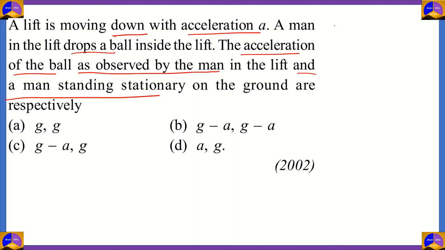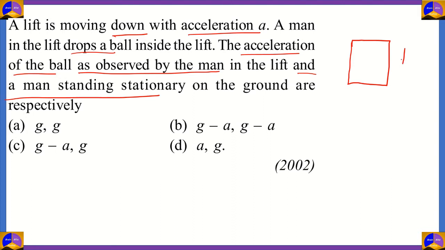So this question deals with objects falling inside a lift. Inside a lift which is moving with an acceleration A, the acceleration at which an object falls will differ based on the direction of acceleration.